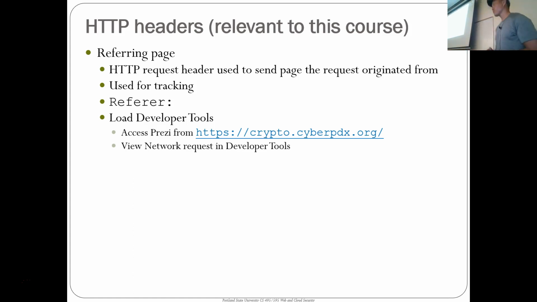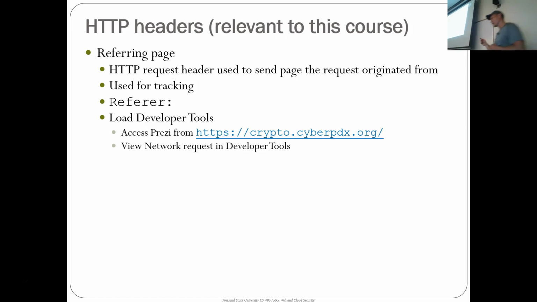Okay, so I'm now going to go through a bunch of the different headers that HTTP uses that are germane to our class. The first header is the referrer header, a request header that the client sends to the server that tells the server what page the client was on when it made the request. This is really important for privacy issues.